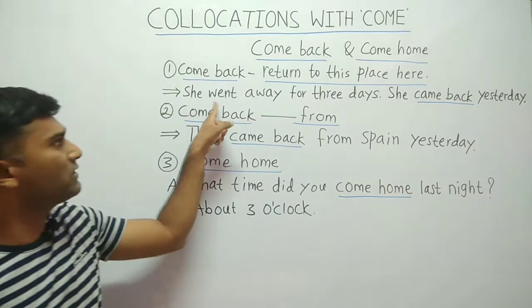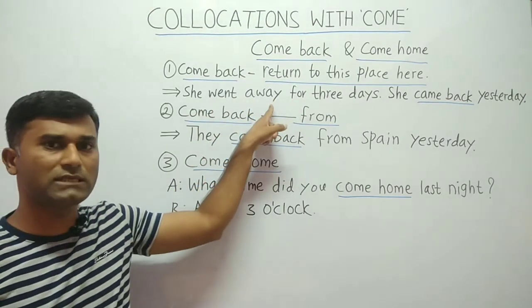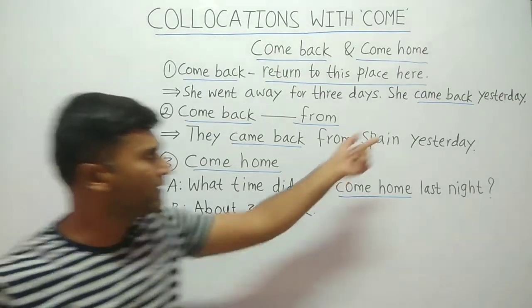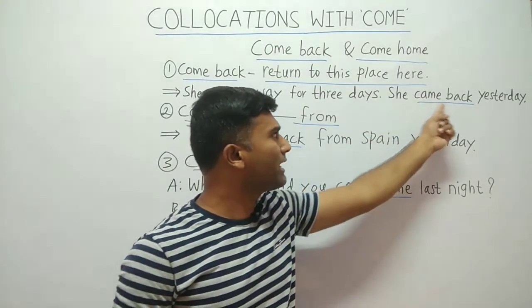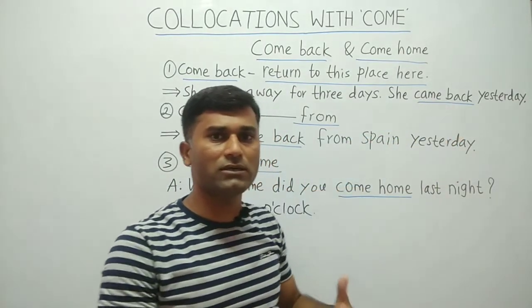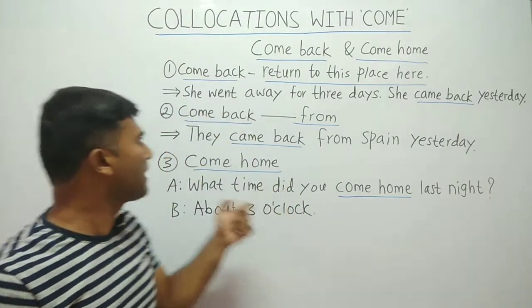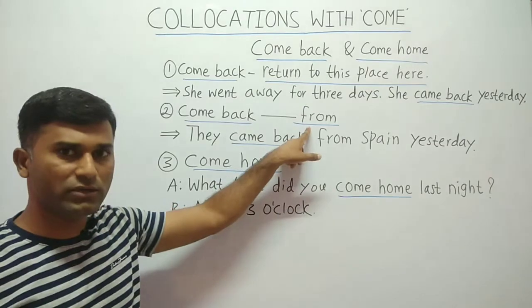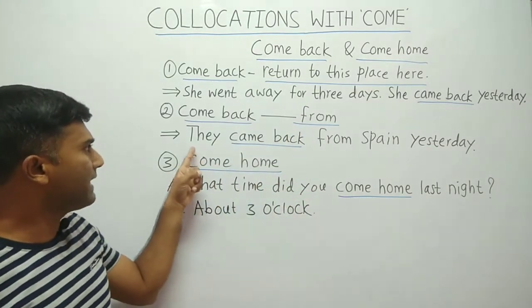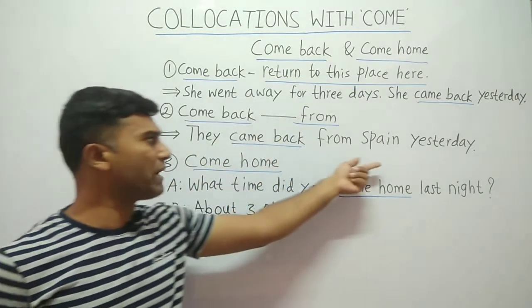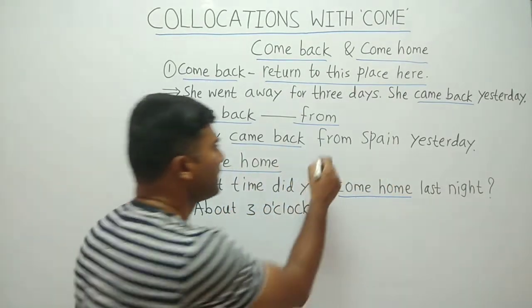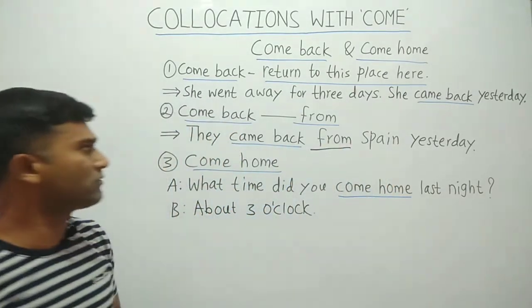Here when we say she went away for 3 days, from this place she went away somewhere, and the sentence says she came back. She returned to this place, that is came back. Come back is often used with the preposition from. So we say, they came back from Spain yesterday. So this is the expression that is used with come back.